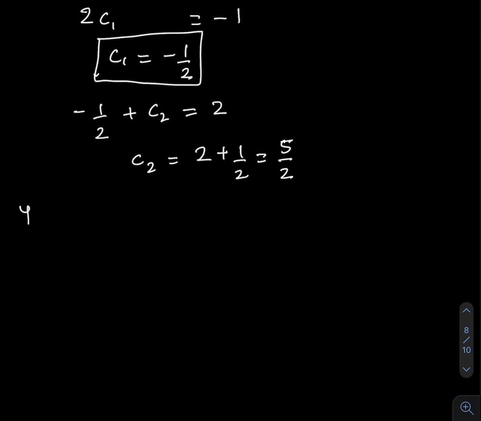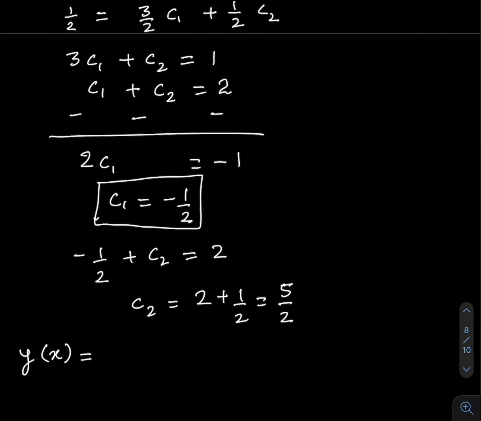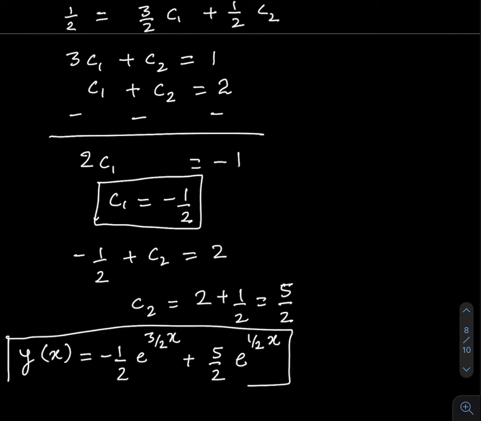So our solution which satisfies these two conditions is c1 is -1/2 e to the power 3/2 x and c2 is 5 over 2 e to the power 1/2 x.